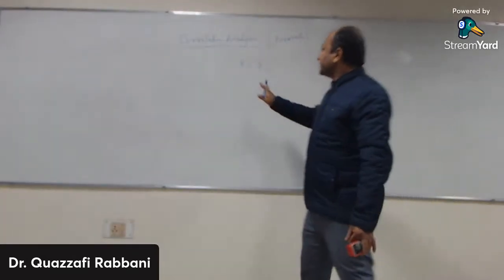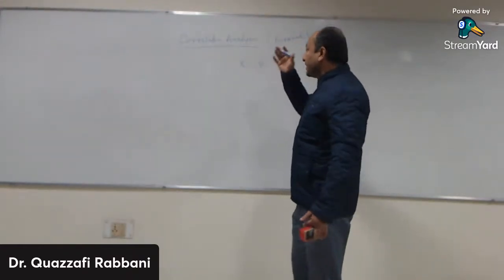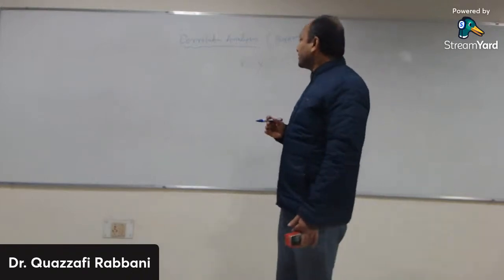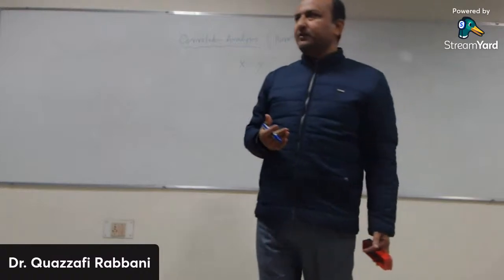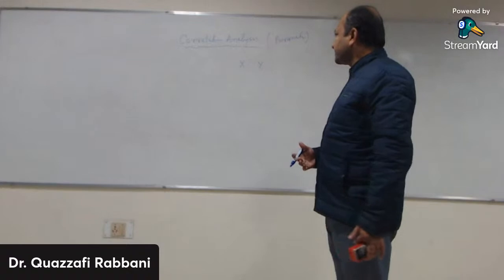If we have two variables, one is x and another is y, suppose height and weight, or income and expenditure. Here, height and weight, we already know: if the height changes, then the weight will also change.